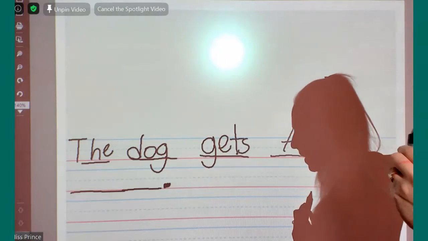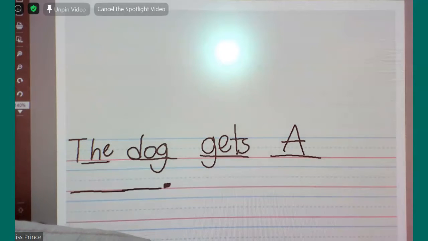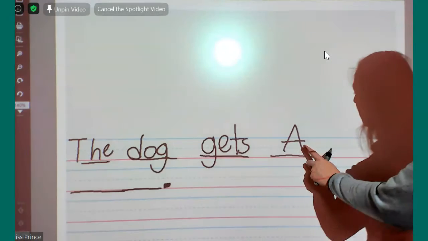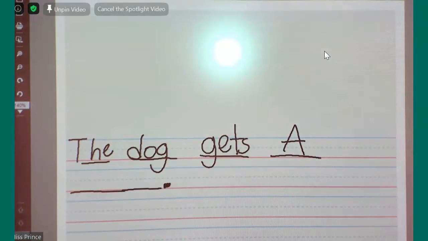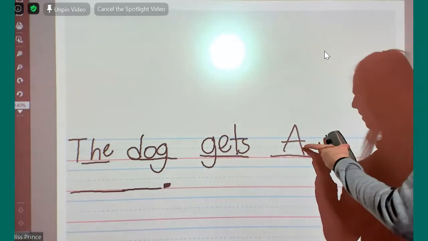Raise your hand if that looks right. Hand down if you think I need to fix it. This is going to show me you're paying attention. Kieran, how can I fix this up? The A, her gets. What's wrong with it?